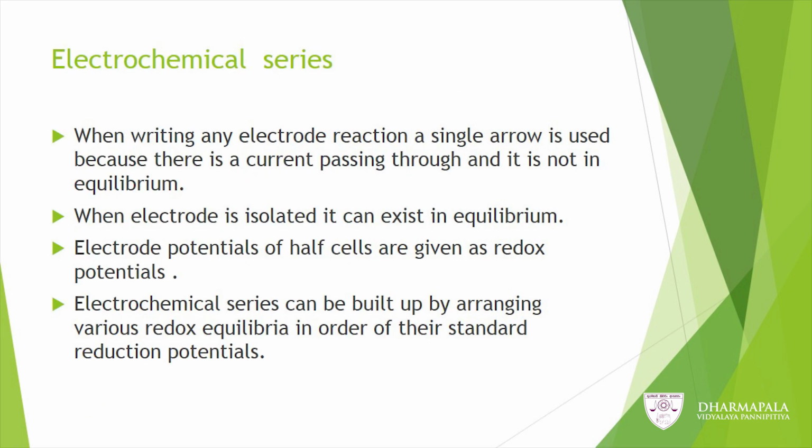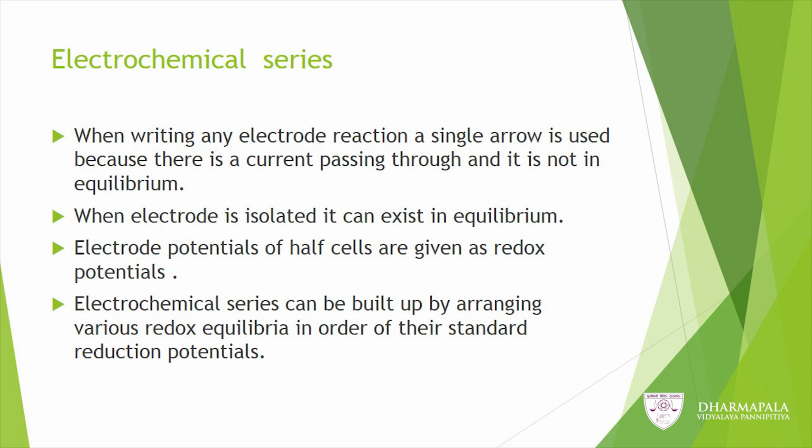Next, the electrochemical series. When writing an electrode reaction, a single arrow is used because there is a current passing through and it is not in equilibrium. When the electrode is isolated, it can exist in equilibrium. Electrode potentials of half cells are given as redox potentials.